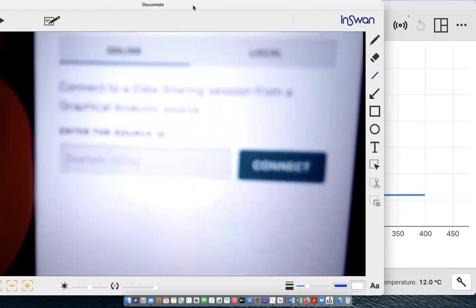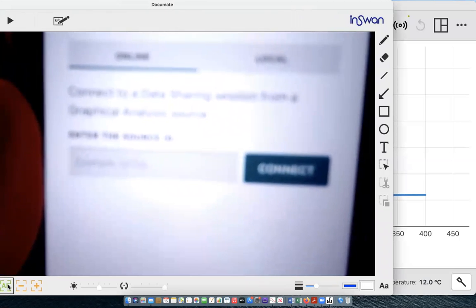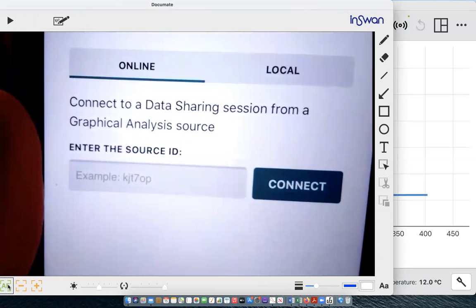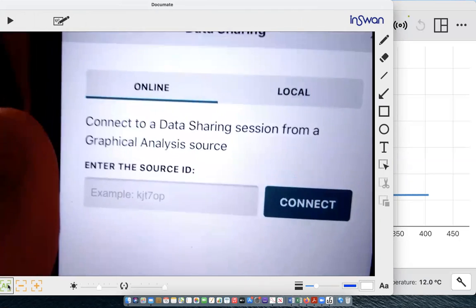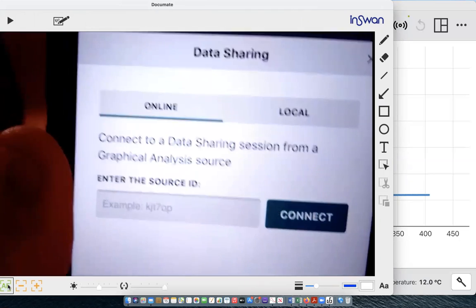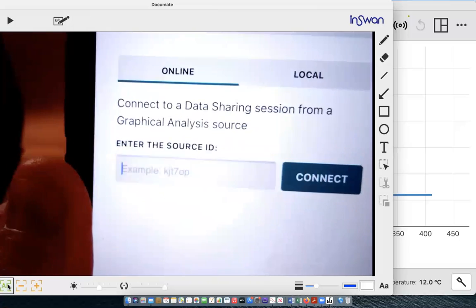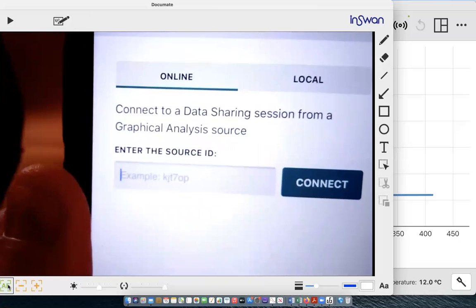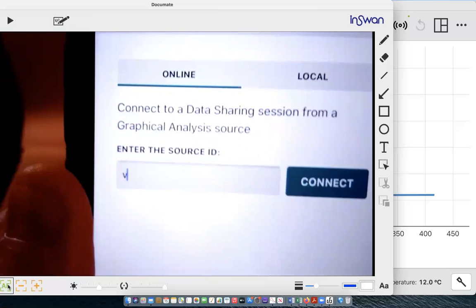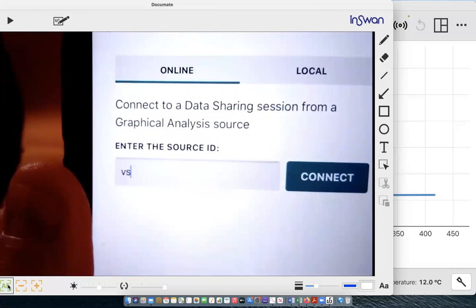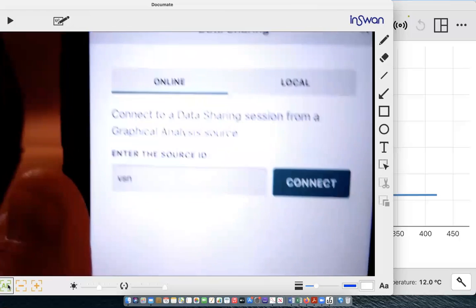Let me do an autofocus on there. And I would put in that ID source that I mentioned. So I want to enter what that source number was. And for this particular trial, it's VSN 9GY.